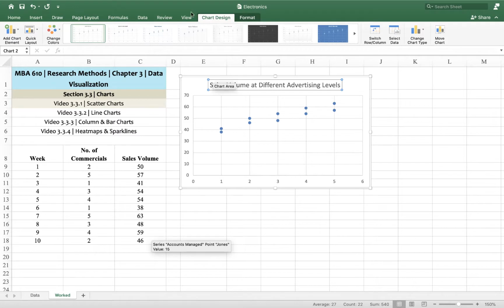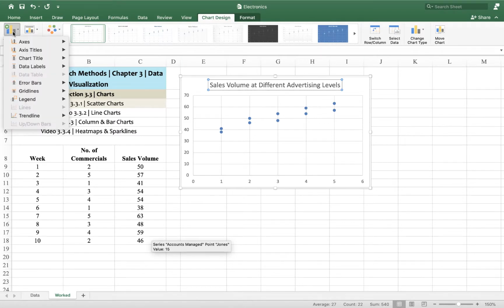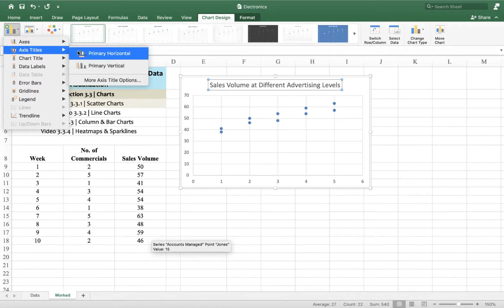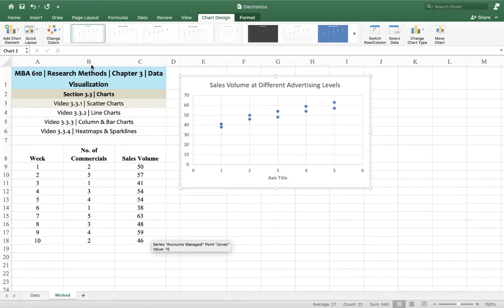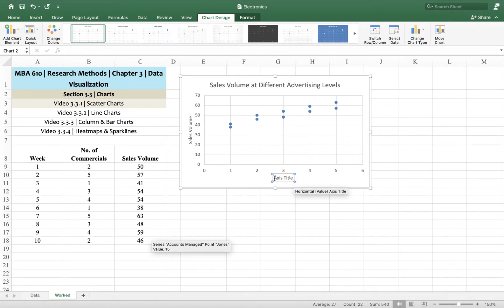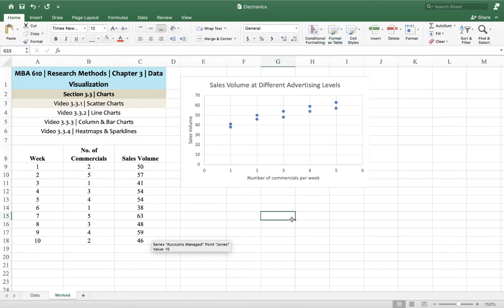And then under my chart design, if you're on a PC, it'll be over here, but I'm going to add the element of my axis titles, both the primary horizontal axis and the primary vertical axis, and I'm going to label both of these. Sales volume, and this is number of commercials per week. Now I've got a sense of what's going on here.